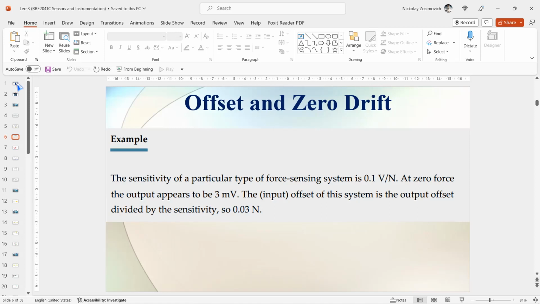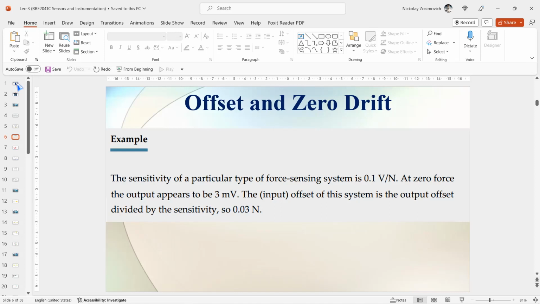This relatively slow change in the offset is called zero drift. In particular, the temperature-induced drift, or temperature coefficient of the offset, is an important item in the specification list.